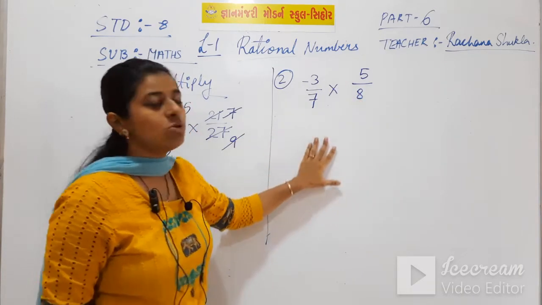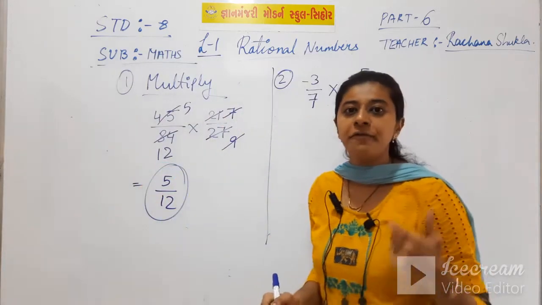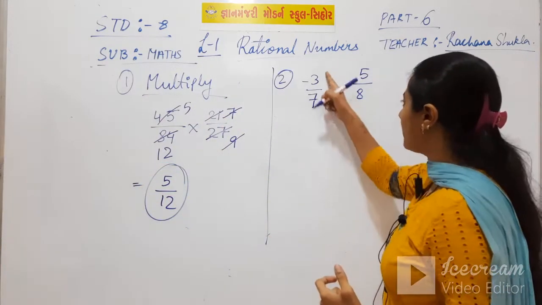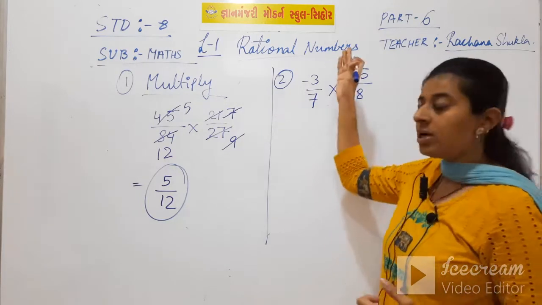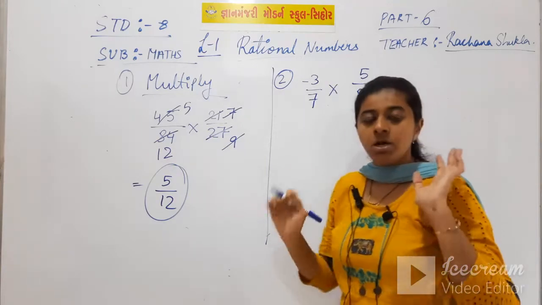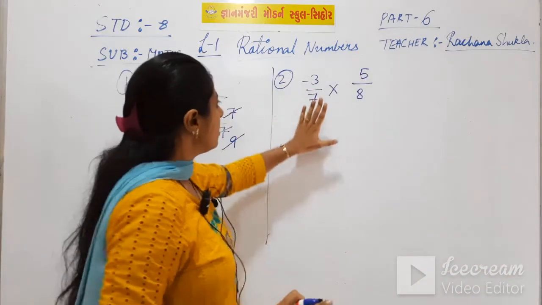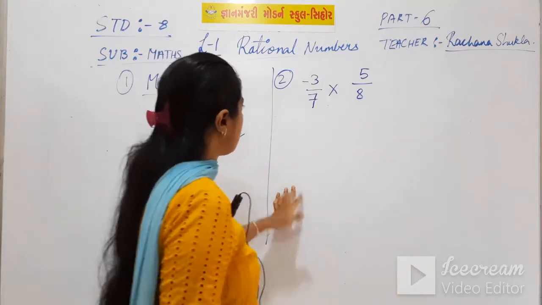So, from this you can see that both the numbers are already in the standard form. Now, what is standard form? Standard form means you cannot cut the numbers any further. All of these numbers are prime numbers. They cannot be cut. Only 8 is a composite number.